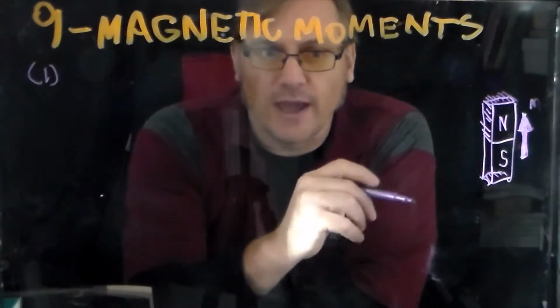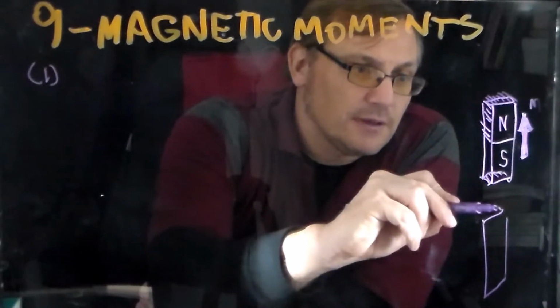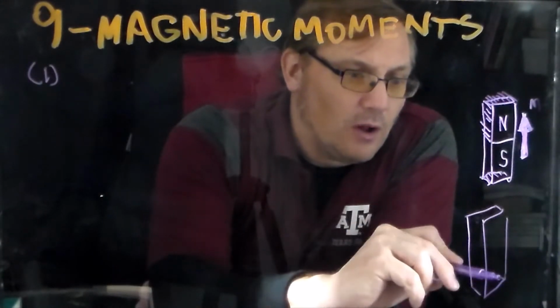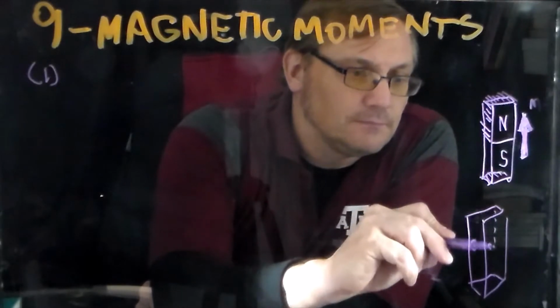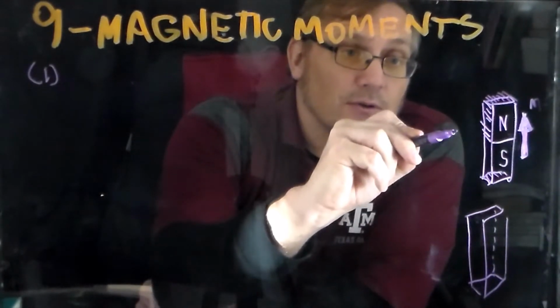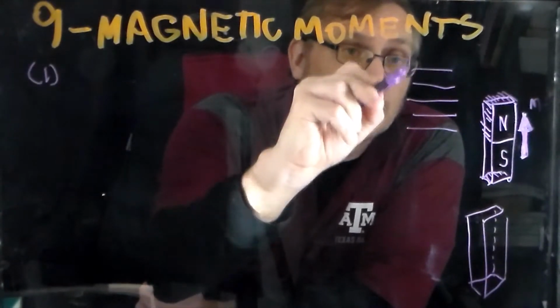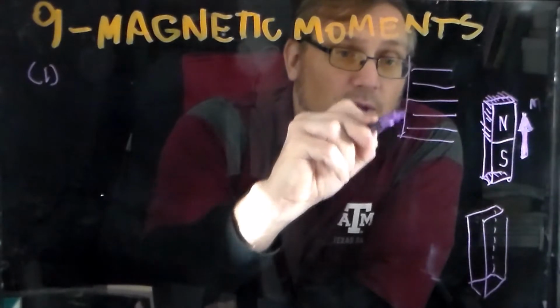In fact, if we have a bar magnet, then what we call the unpaired electrons in a material might have an energy level diagram like this, right?